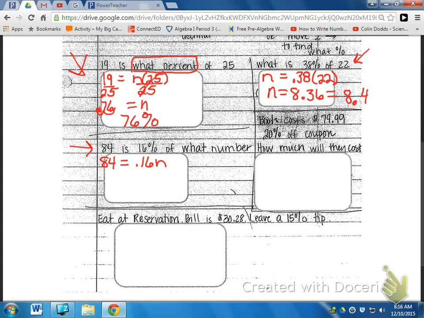Okay, Stephen, how can I solve for n? You would divide by 0.16. Right. Divide both sides by 0.16. So 84 divided by 0.16. Okay. 525. Is that percent or not percent?